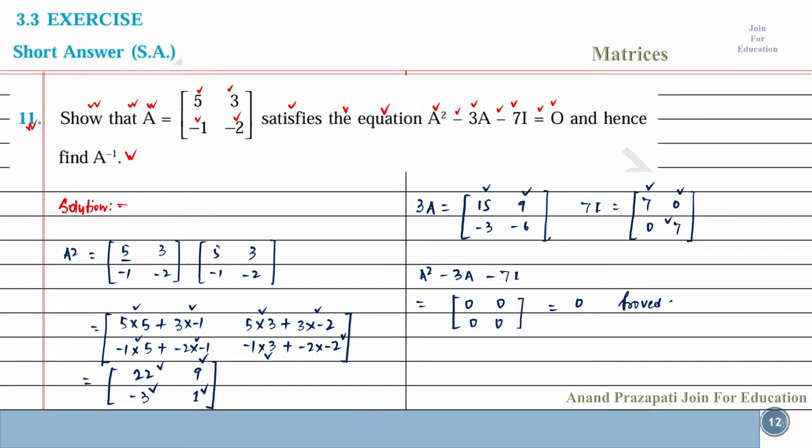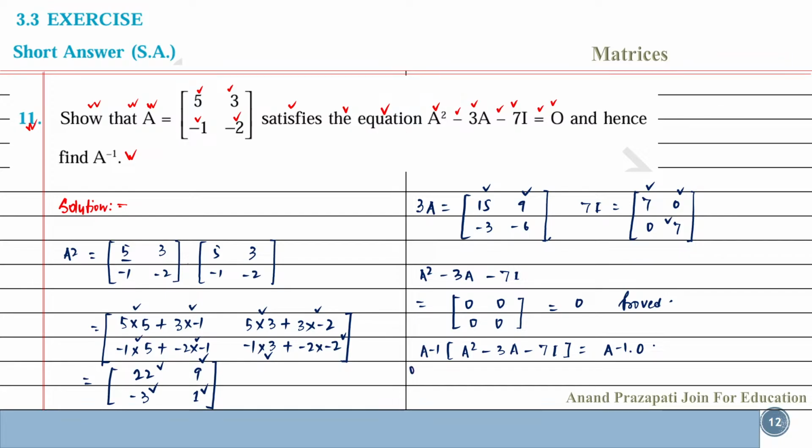Now multiplying both sides by A inverse, we get A inverse into A square minus 3A minus 7I equal to A inverse into 0.